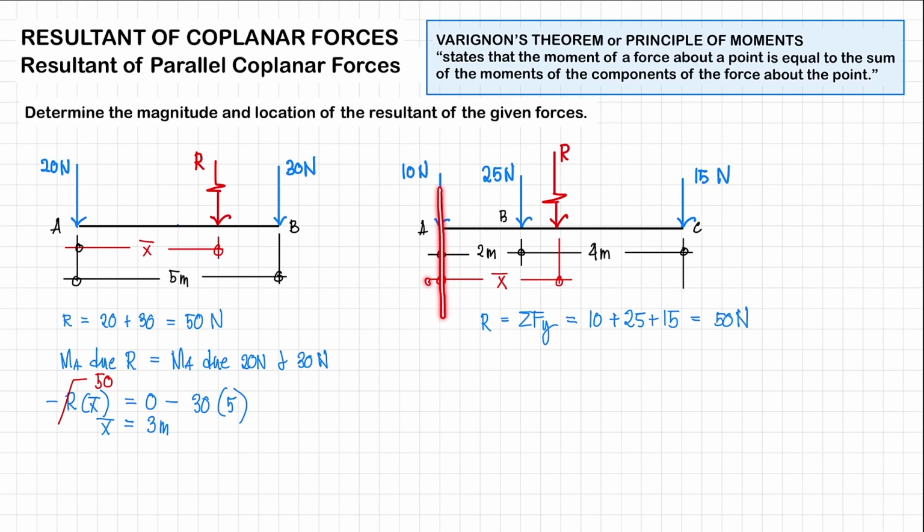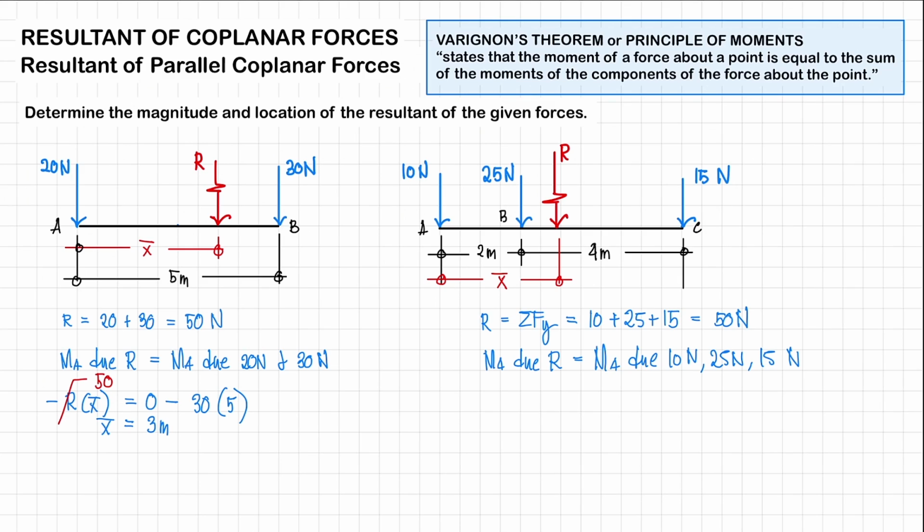So the distance measured from point A is bar X for our resultant. So again, the moment at A due to R is going to be equal to the moment at A due to 10 newtons, 25 newtons, and 15 newtons.